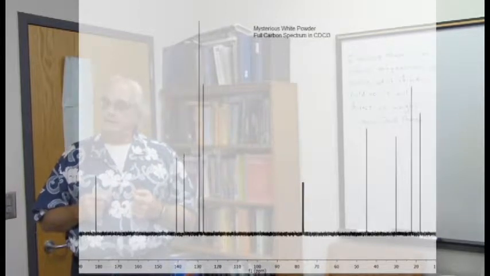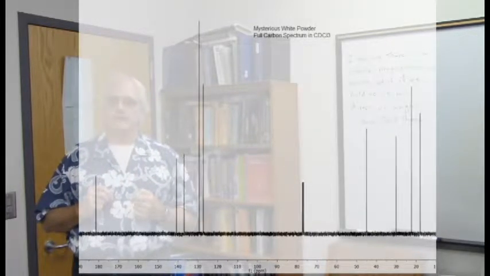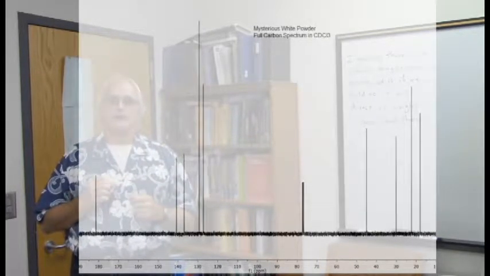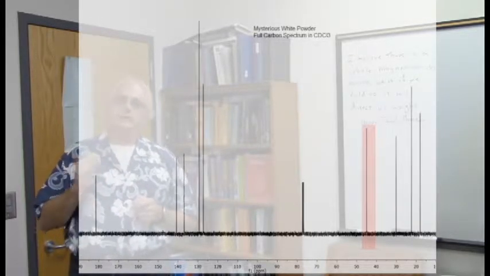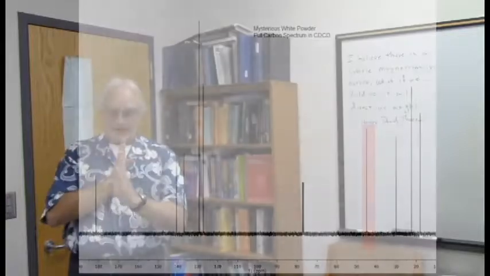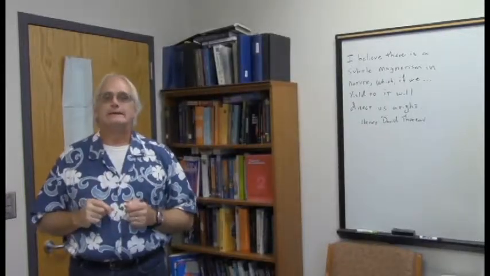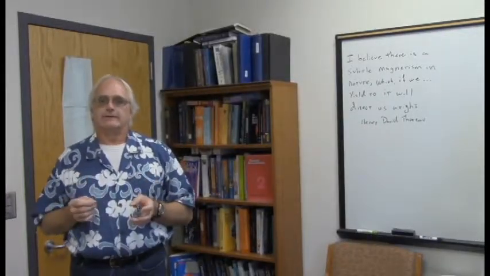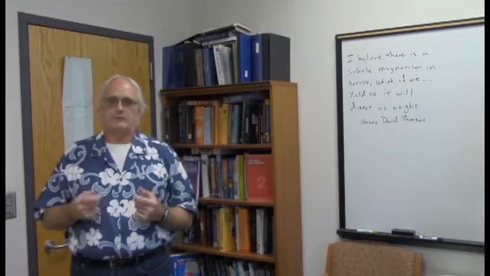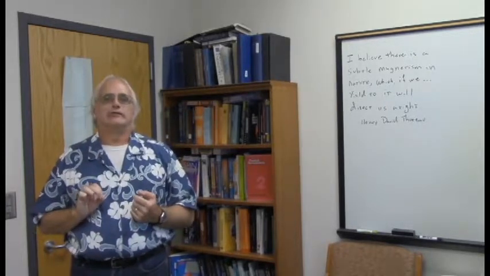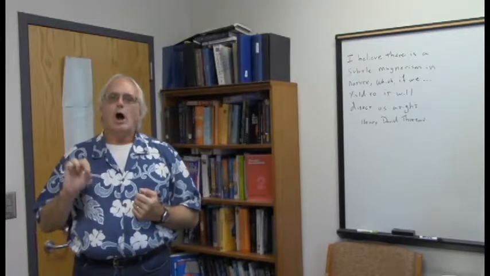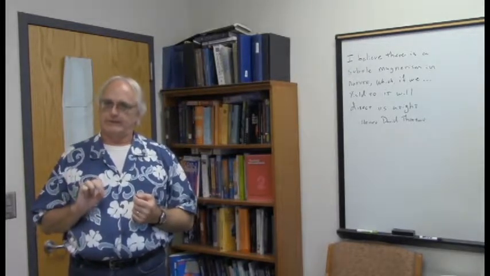The DEPT spectra, which were the focus of the previous video, reveal that the overlapped signal, this one right here, is actually a CH and a CH2. They just happen to be right on top of each other in the carbon spectrum, which is interesting, but the DEPT spectra reveal it. The heteronuclear correlation, the HSQC spectrum, also shows this very nicely.